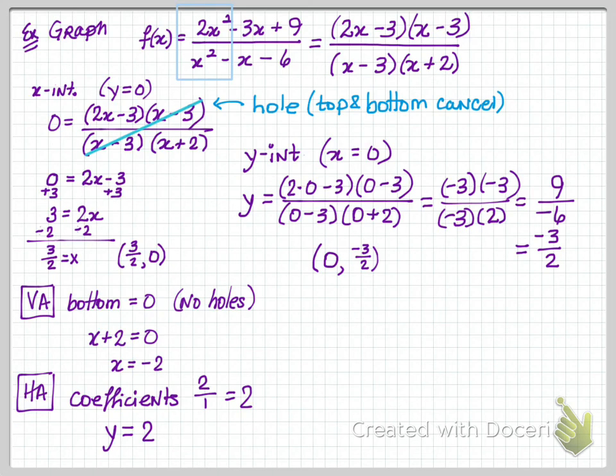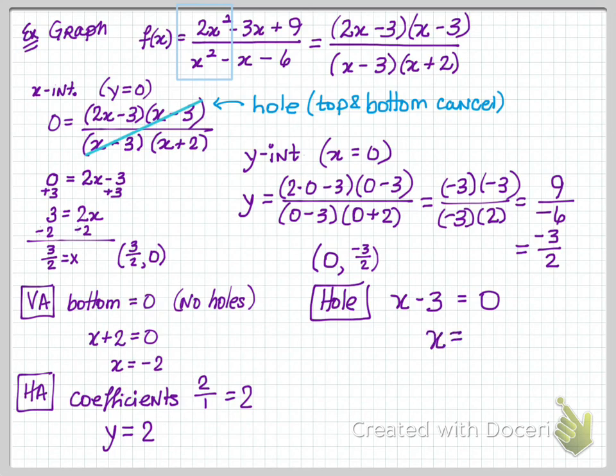Okay, we have our horizontal asymptote, we have our x-intercept, we have our y-intercept, and then we have this thing called a hole. And our hole occurs where everything cancels. And everything cancels at x minus 3, which means that when x minus 3 equals 0, that's a bad, I skipped too many steps.